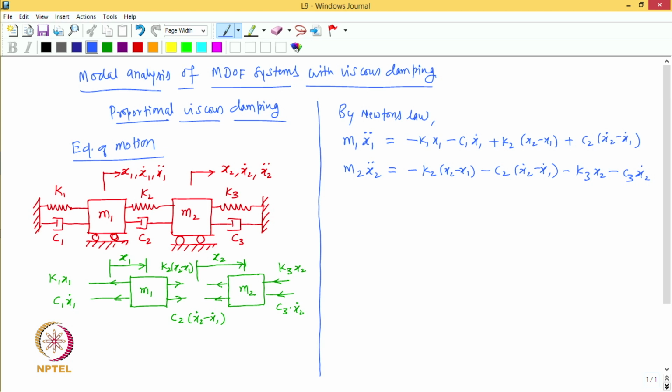So this is how we got these equations. Now we can shift all the terms on the right hand side to the left, and also collect all the terms with identical variables together.